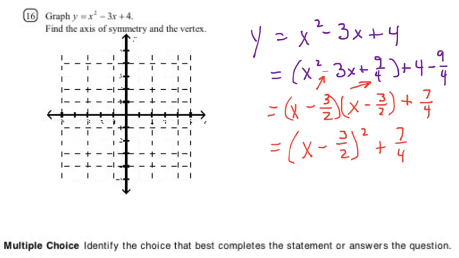Now we still have to graph this parabola, but now that we know the vertex, I'm going to write the vertex this way: 1.5, 1.75. I've converted to decimals, just because 1.5 is easier to find on the x-axis. If this is 1 and this is 2, 1.5 is smack dab in the middle of them. And 1.75 would be right about there. That's where it's going to start.